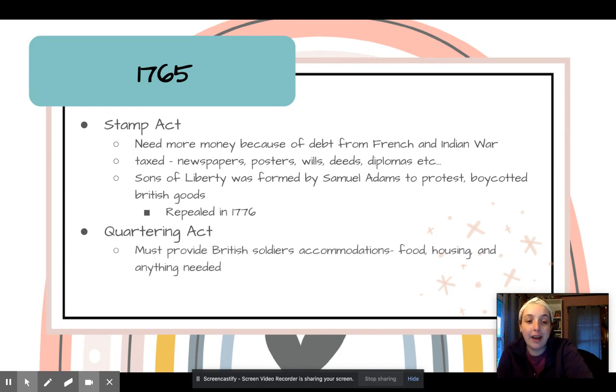So the Quartering Act was if British soldiers were in need of a room, a place to stay, lodging, accommodations, the colonists had to put them up. They had to provide room and board for British soldiers, paying out of their own pockets, giving them a place to stay, food, and anything else they needed.